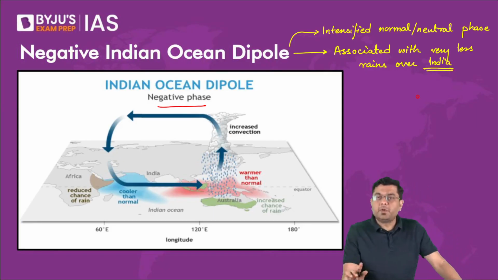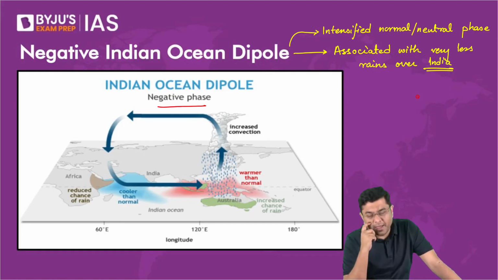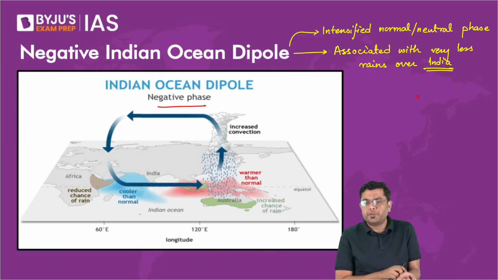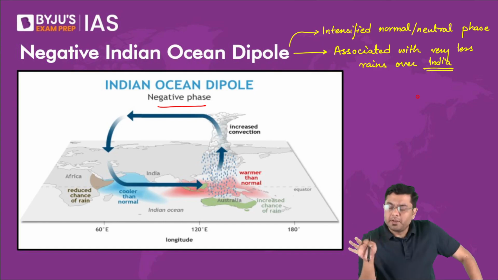Why associated with less rains? That has got to do with the creation of a Mascarene high. So we will study about it tomorrow. Again, I keep on repeating because continuously I see those questions that why and why. So here you will have the case of the associated with less rains over India.